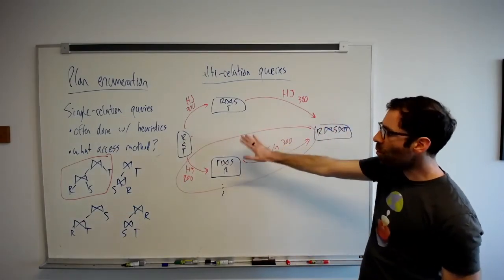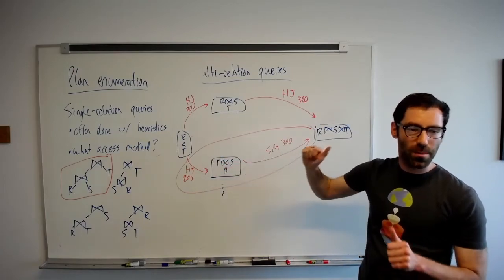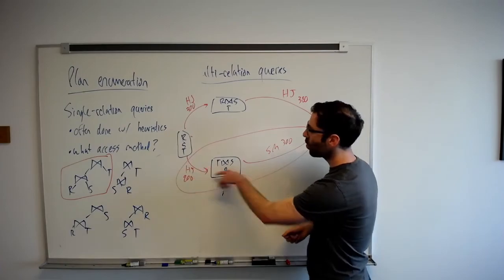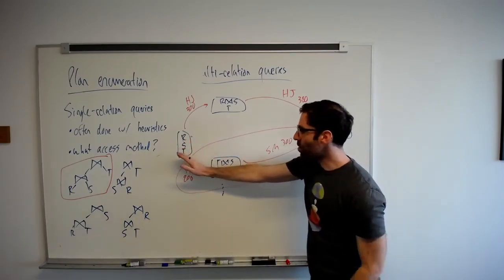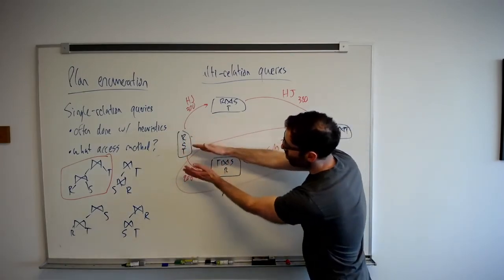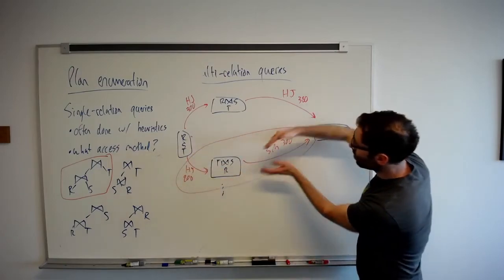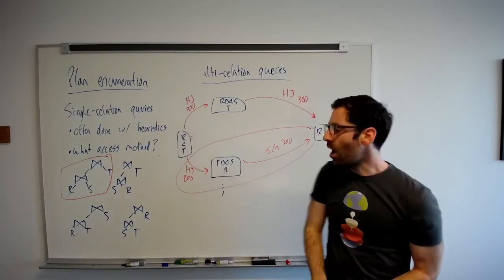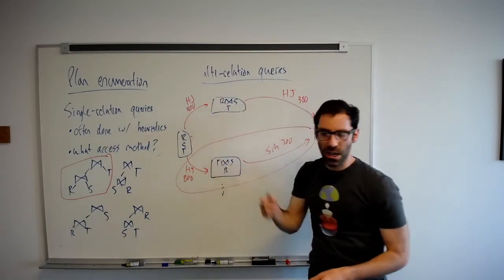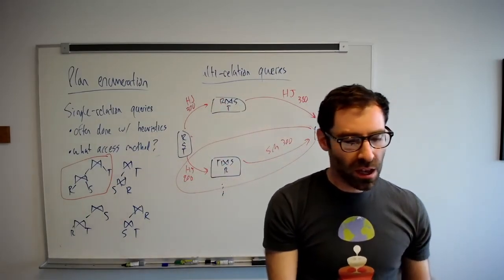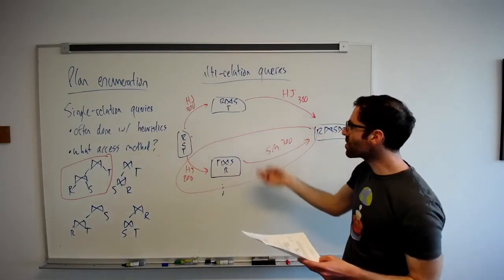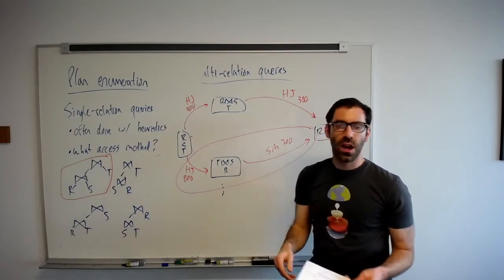And the way that this saved us from some computations is that we weren't considering both combinations here with both combinations here with both combinations further down the line. We're just taking one stage at a time, and this is the way that systems can reduce the amount of cost estimations they need to do.